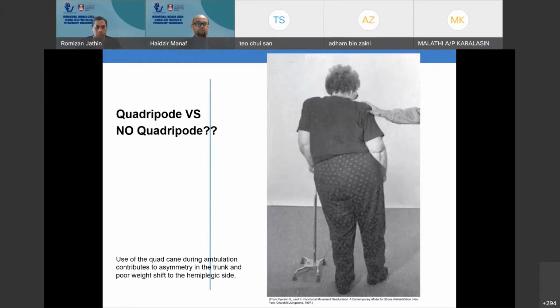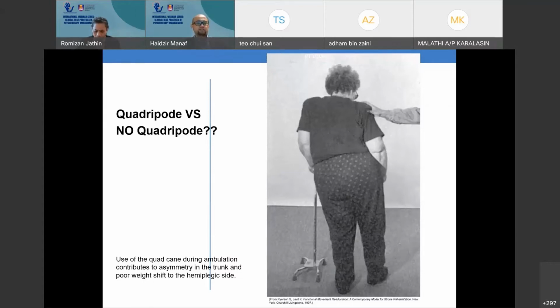So even though I'm giving early use of the quadripod, I will see the patient as soon as possible, by next week, before the patient might develop asymmetry in the trunk and poor weight shift to the hemiplegic side. So we give the appointment as early as possible, and then we can monitor the patient's progress from that, and then we can wean off the quadripod as soon as possible.